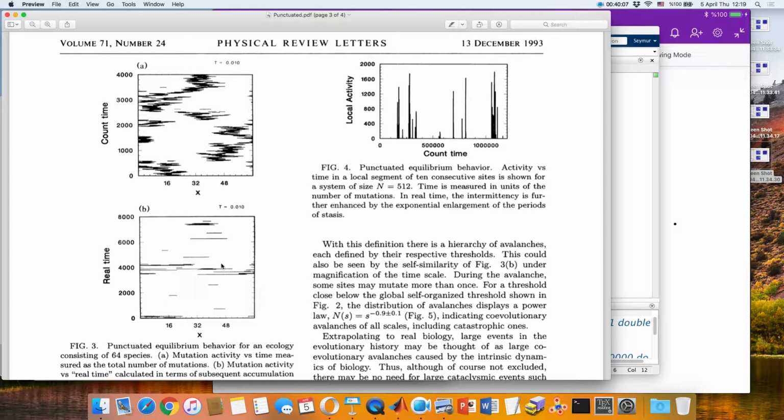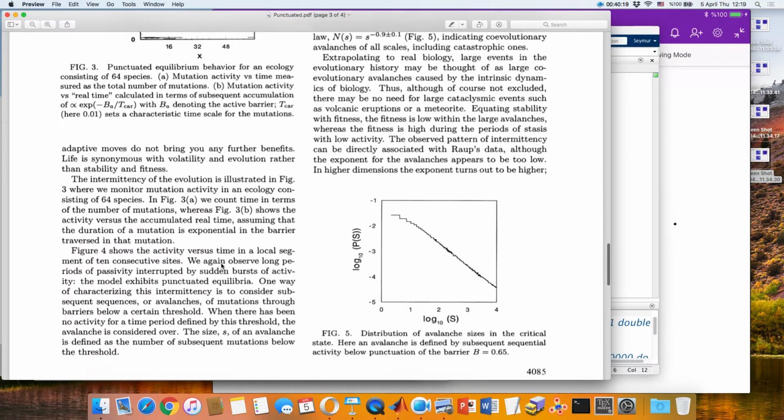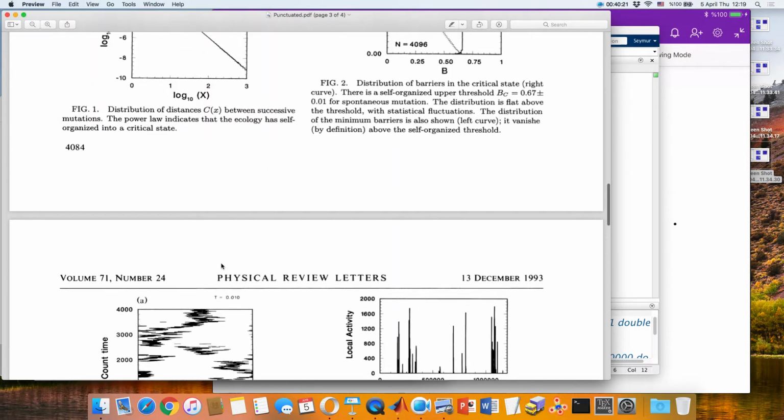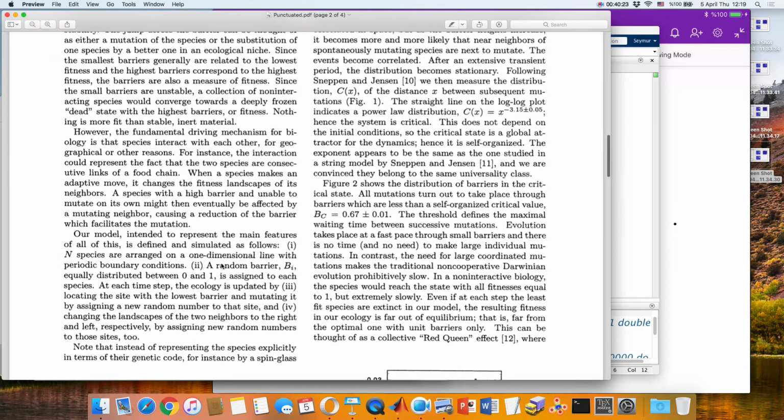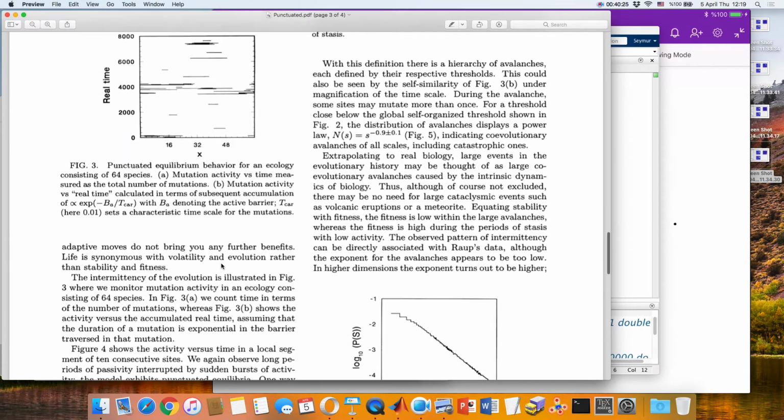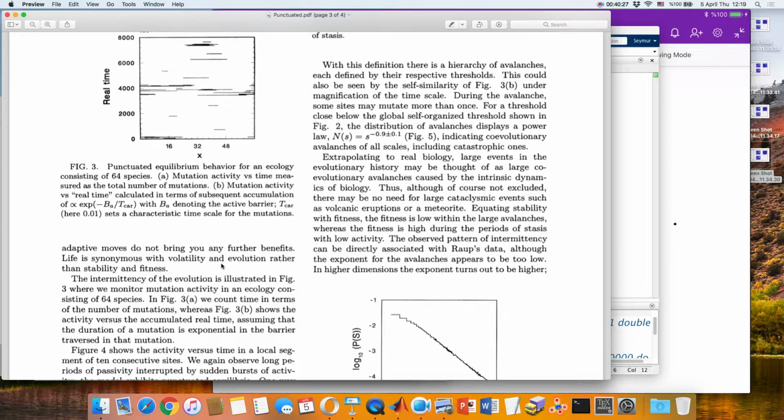Actually, in real time, the probability of those mutations happening is exponentially less than the others. What do I mean by exponentially less? It goes with the probability of e to the minus fitness divided by some temperature or some alpha. Does it make sense?